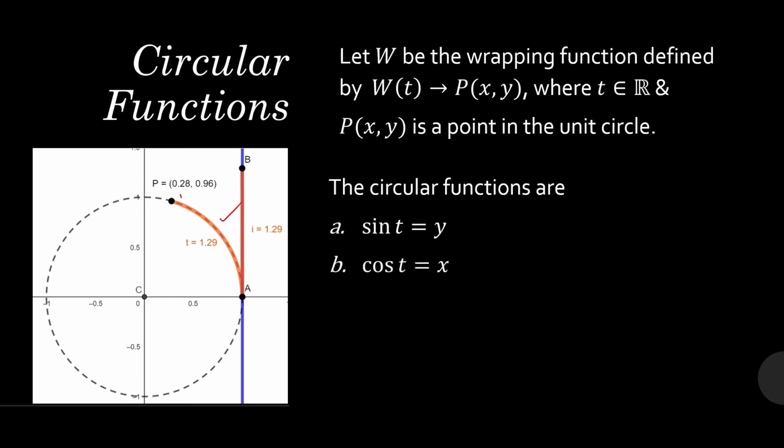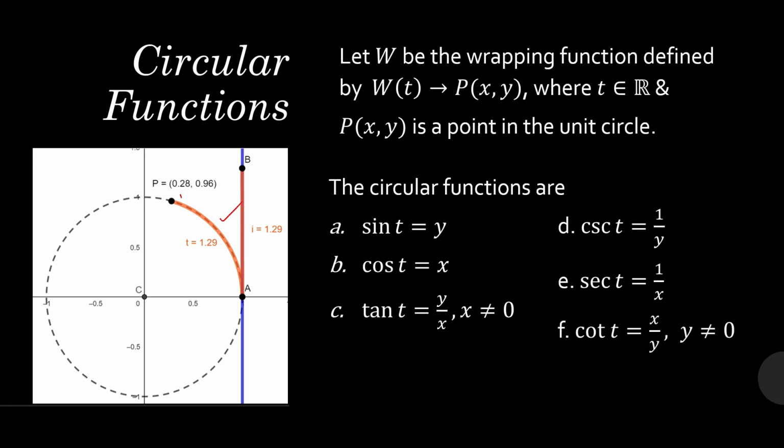Cosine of t is equal to x. Tangent of t is y over x, for as long as x is not equal to 0. Cosecant of t is 1 over y, secant of t is 1 over x, cotangent of t is x over y, where y is not equal to 0. For cosecant, we are assuming that y is not equal to 0, and for secant of t, we are assuming that x is not equal to 0.